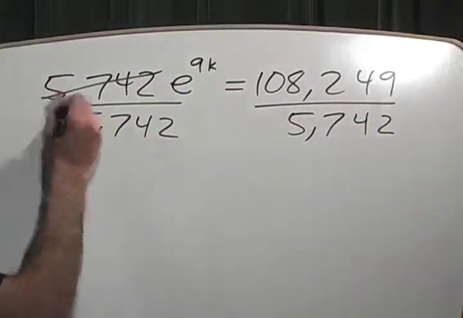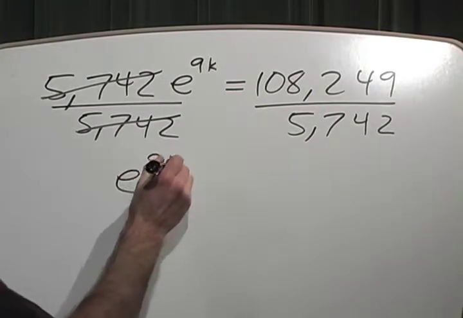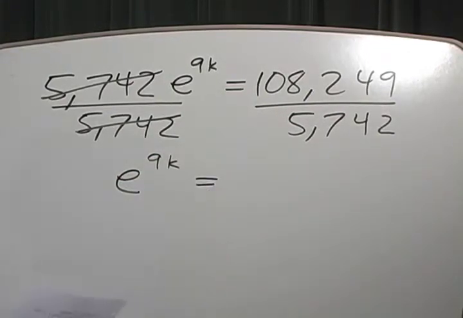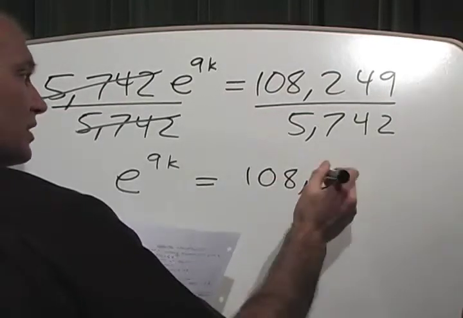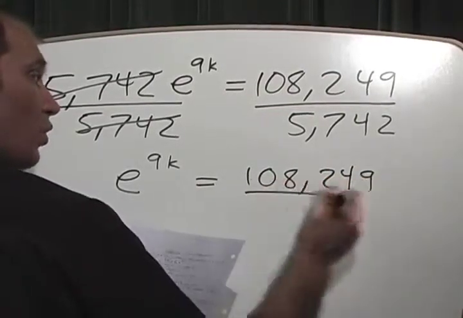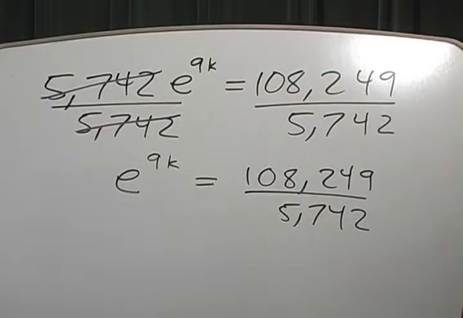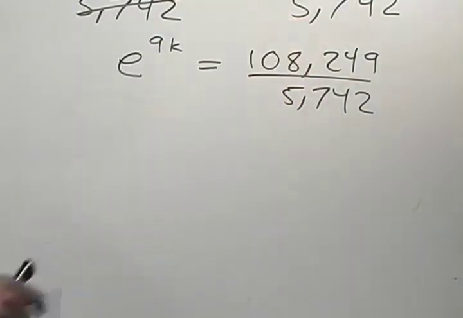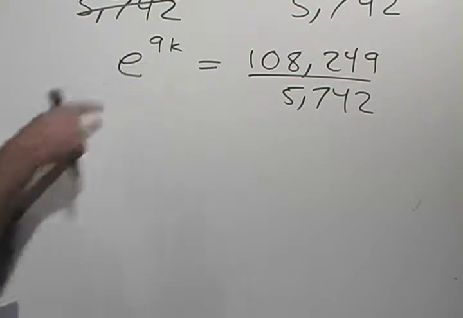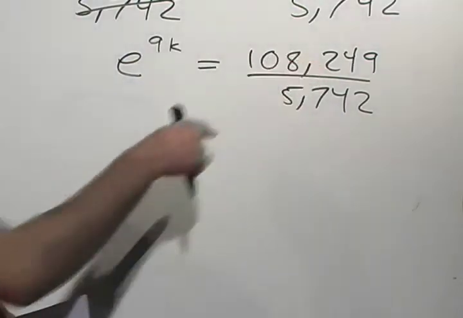Doing this will allow me to cancel these two numbers, and I have e to the 9k equals 108,249 over 5,742.